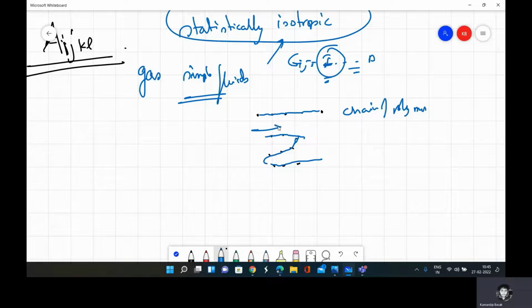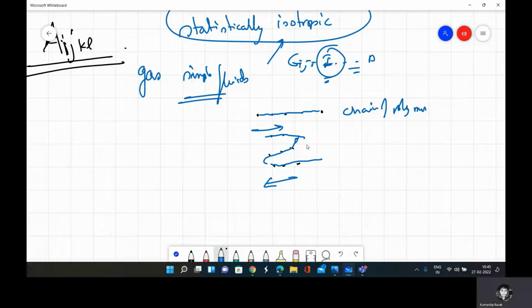So there can be a velocity here, there can be a velocity here. Due to the chain of polymers being arranged in this fashion, the shear stress generated here is related to directionality, because it is moving in a particular direction and shear stress is only generated due to that movement in that direction only. It is not generated in other directions.